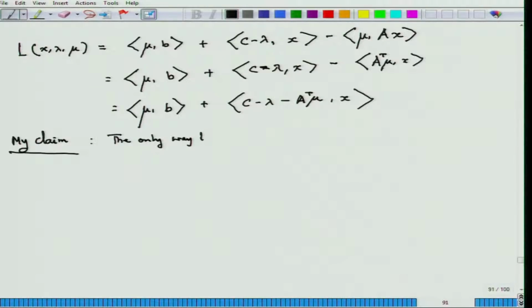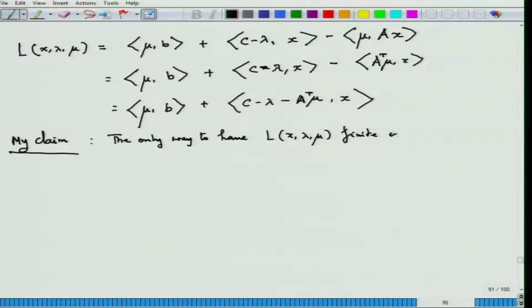The only way to have L(x, lambda, mu) finite if I take the minimum over all x, first of all I need to have this finite in order to have a decent or a proper dual objective function.